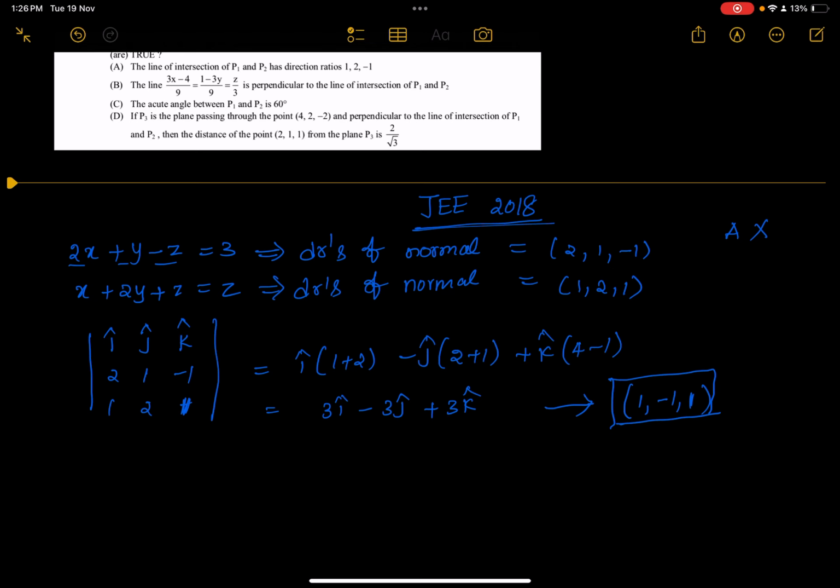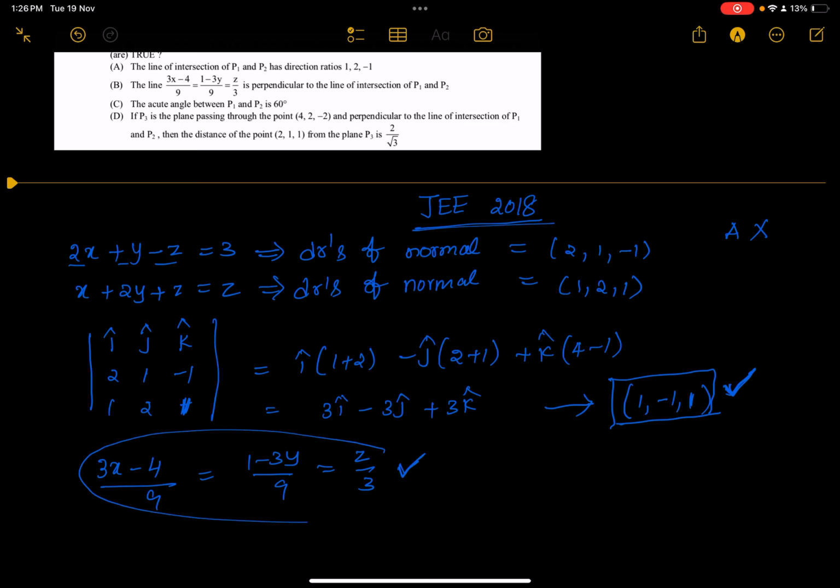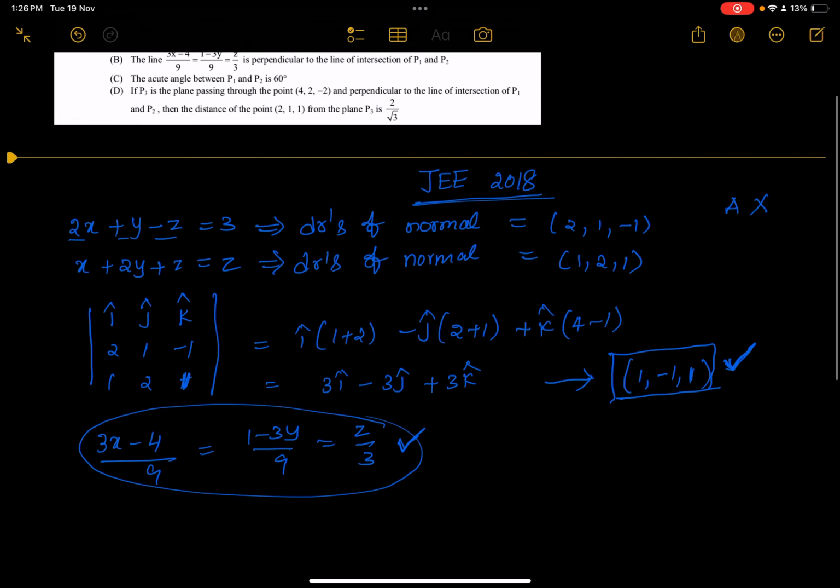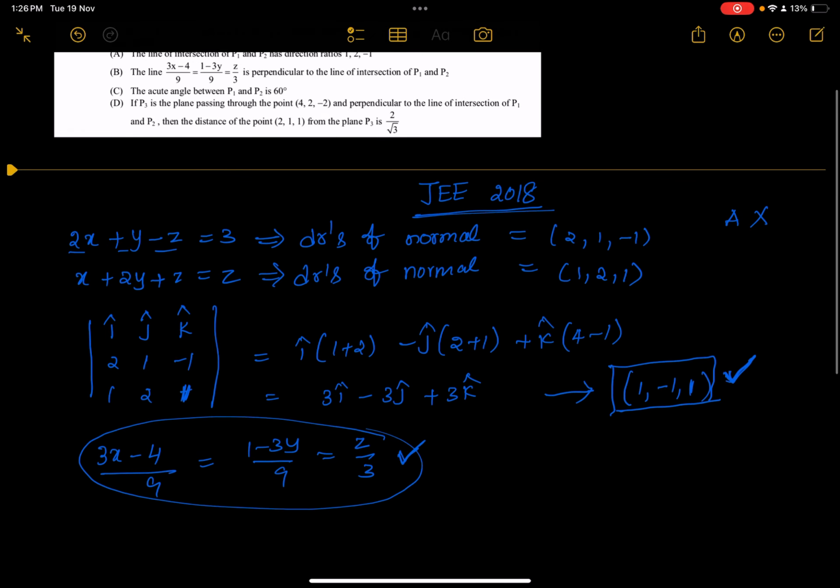Next, let us go to the next option. Option B says the line (3x minus 4)/9 is equal to (1 minus 3y)/9 is equal to z/3 is perpendicular to the line of intersection of P1 and P2. These are the DRs of the line of intersection of P1 and P2. And here you have one more line, and from this you can find the DRs of this line, and they are asking us to check the perpendicularity.